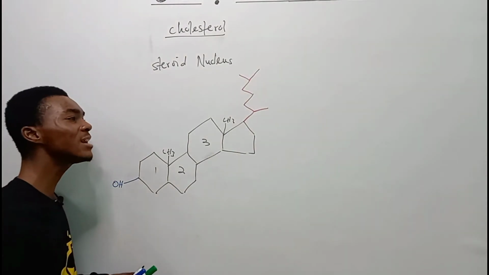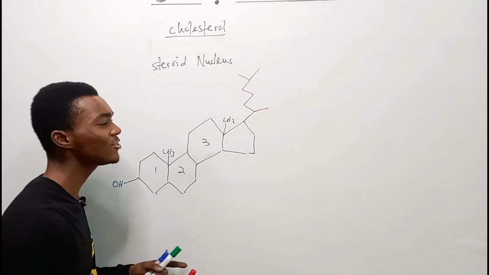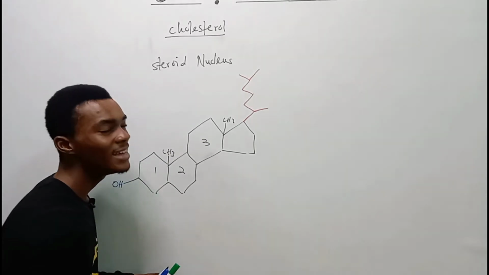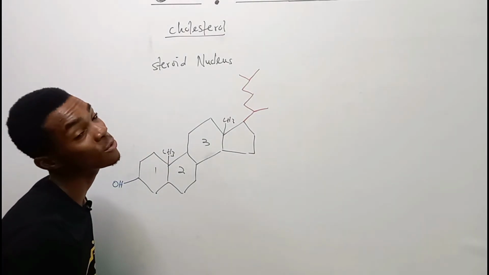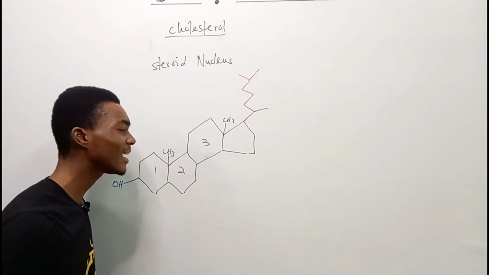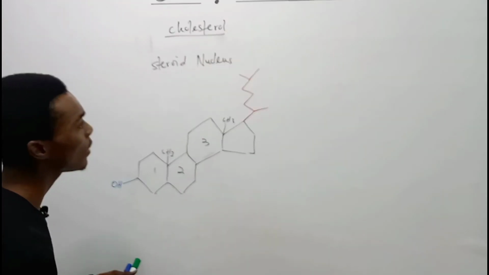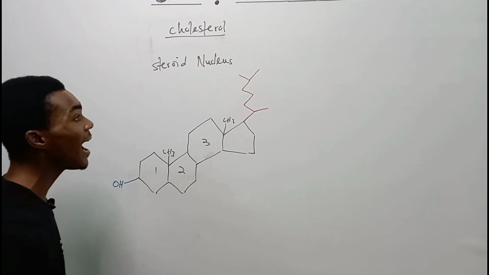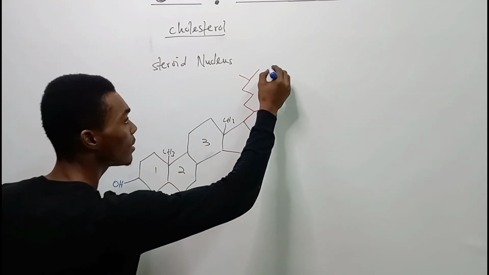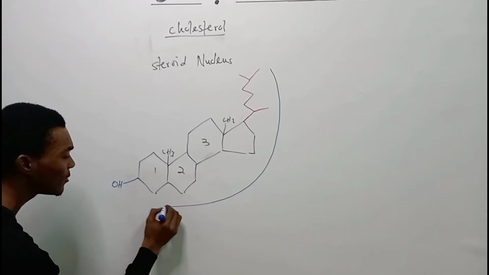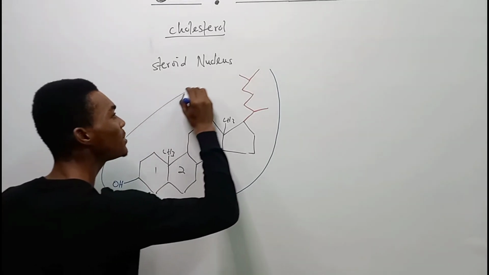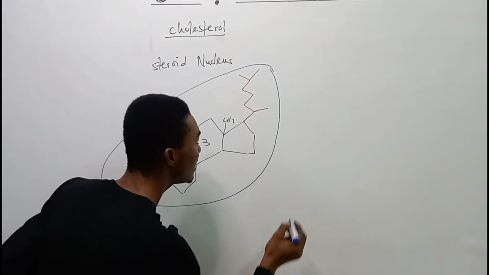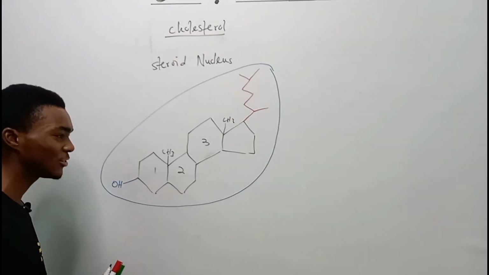So it is important for us to deduce a much simpler structure out of what we have on the board right now. You can use that one to represent our cholesterol molecules wherever we draw. Is that okay? Fine. So let's try to make this one simpler. Making it simpler and smaller, you're just going to make an outline around what we have on the board right now. So this giant oval is representing an outline around our cumbersome cholesterol molecule.